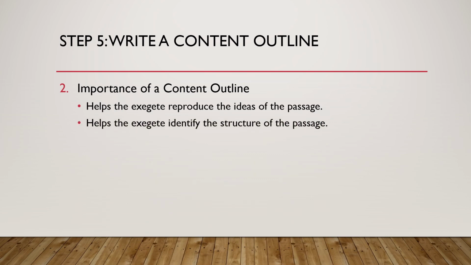Number 2, it helps the exegete identify the structure of the passage. And so, what are the big ideas? What are the smaller ideas? What are the main ideas, independent? What are the dependent ideas?